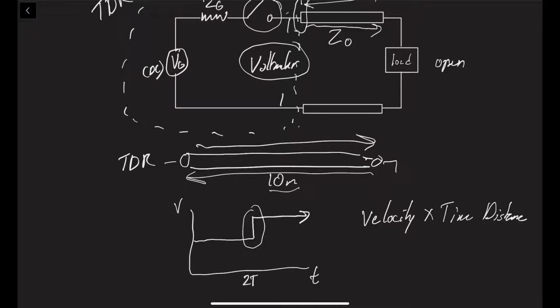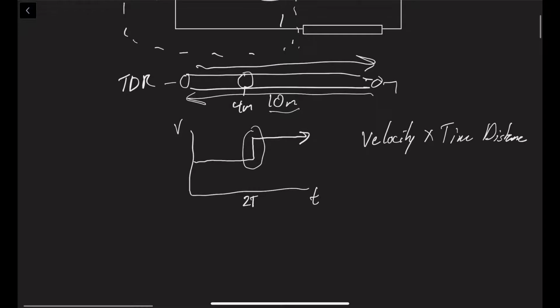This is really crucial because the TDR's most common use is to test the validity of cables. For example, say that this 10-meter cable actually had a short at 4 meters. Then our TDR would be able to tell that, because the TDR would show us a graph where at a distance of 4 meters, we'd have a short circuit.